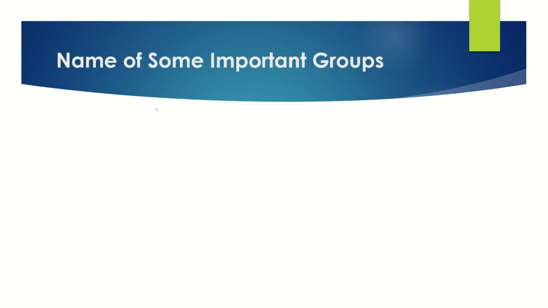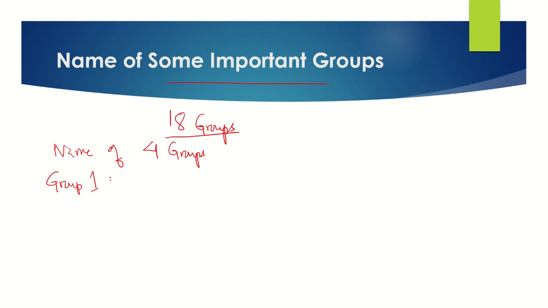Now let us learn some of the important names of groups. As we have already learned, there are 18 groups. From the 18 groups, we'll learn the names of 4 groups. So let's start with group number 1. Group number 1 is called alkali metals.